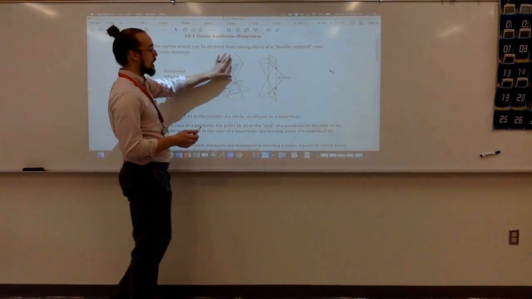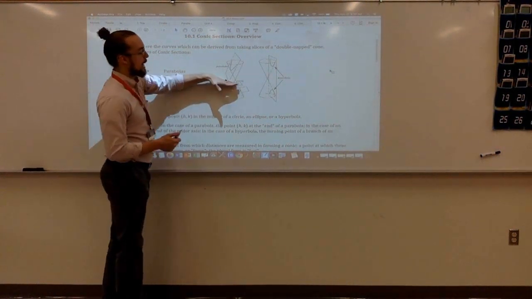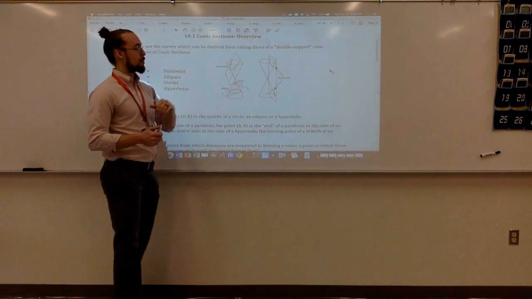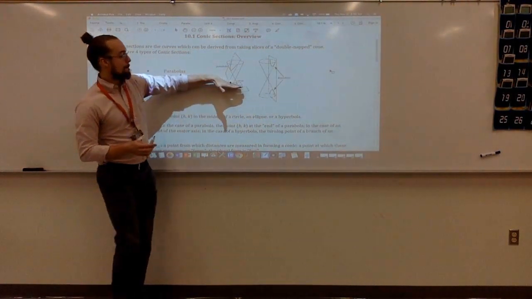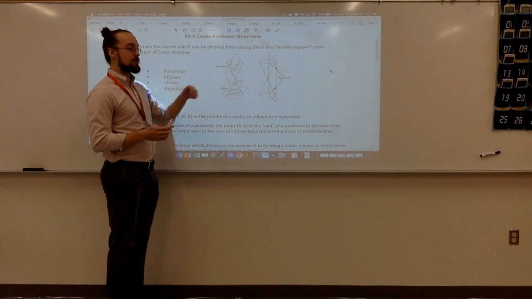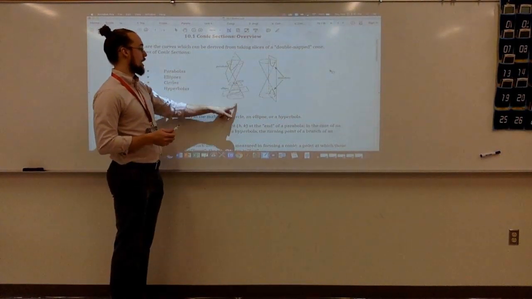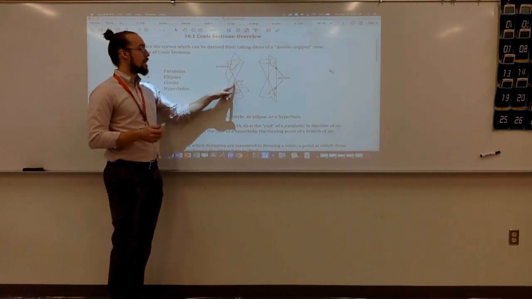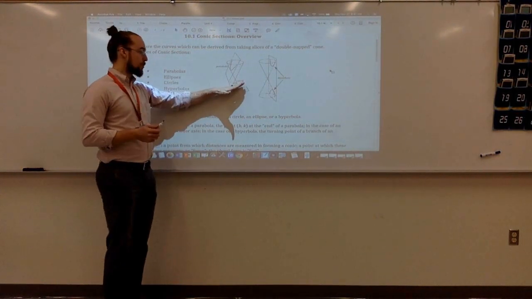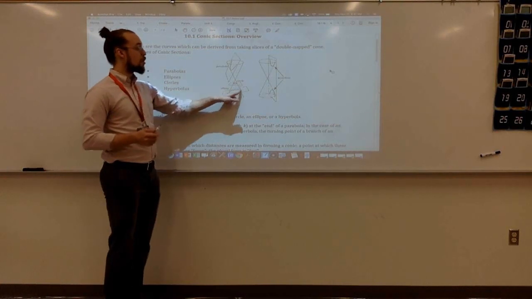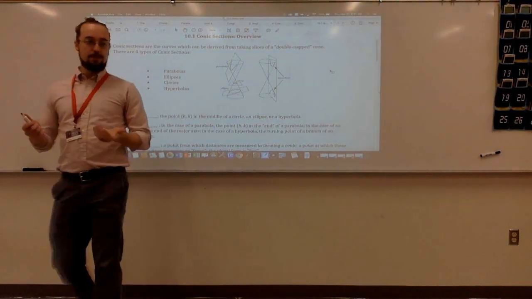If I take my cones that are right on top of each other and I put a plane perpendicular to the axis, parallel to one of the bases, I'll get a circle. If I tilt that plane a little bit, I'll get an oval, or we call it an ellipse.